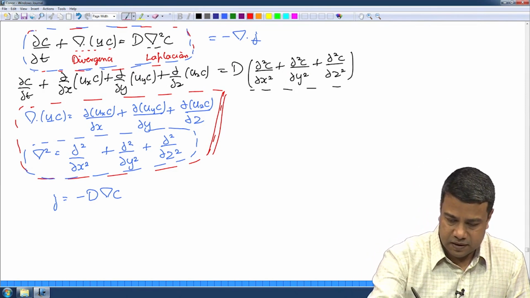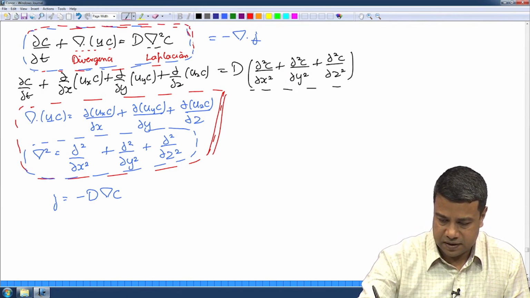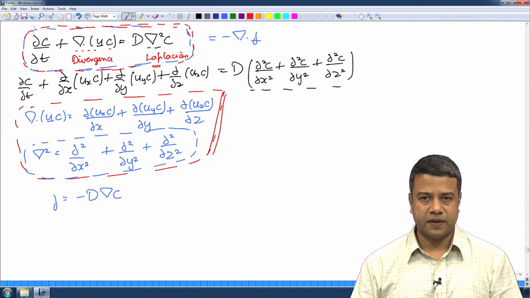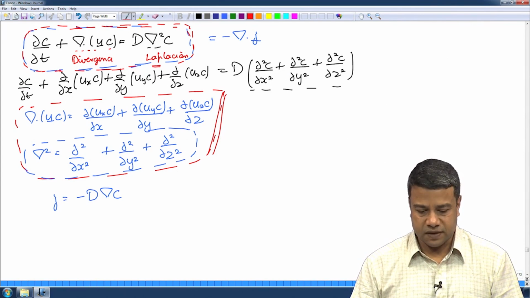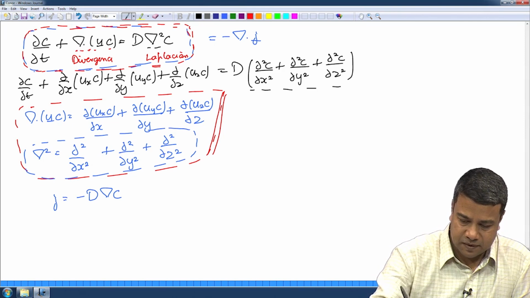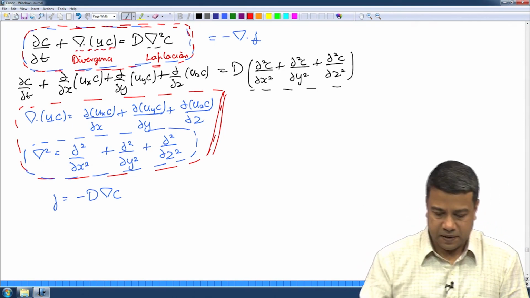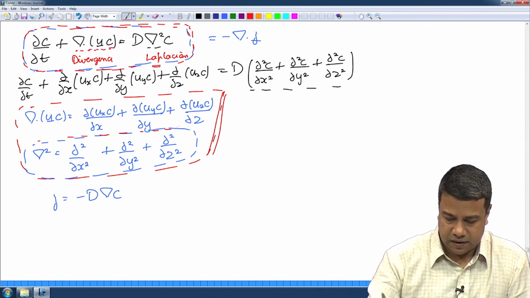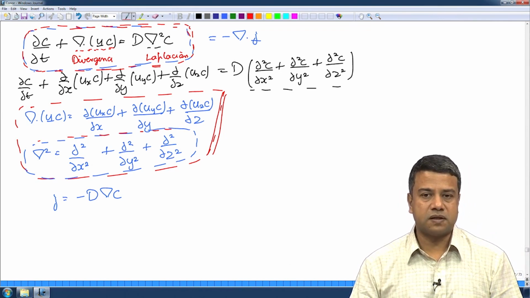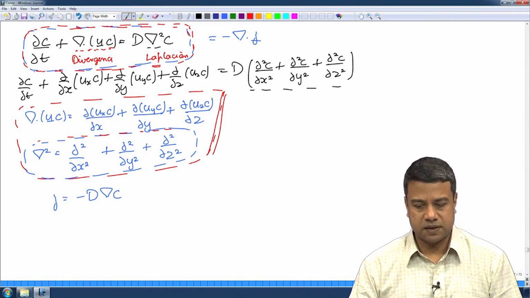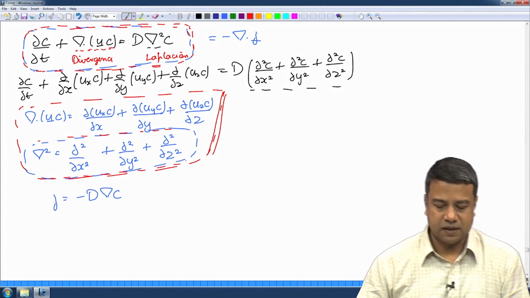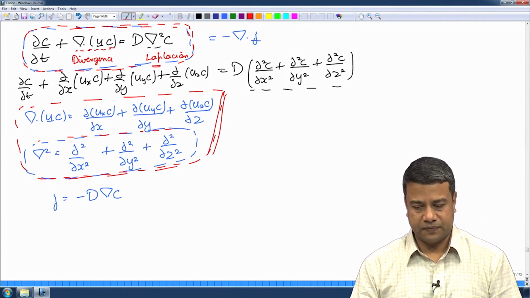The differential equation consisted of two sides. The left side had the time derivative and the convective part. The convective part was the divergence of a velocity times the concentration. And I had expanded out that convective part in a Cartesian coordinate system for you. The diffusive part was the diffusion coefficient times the Laplacian of the concentration. Once again, the Laplacian is the second derivative in the three directions.